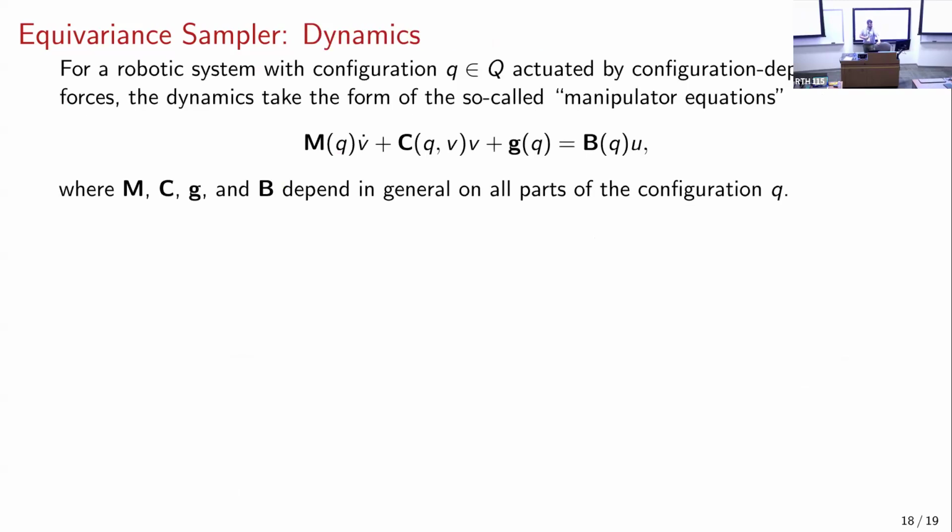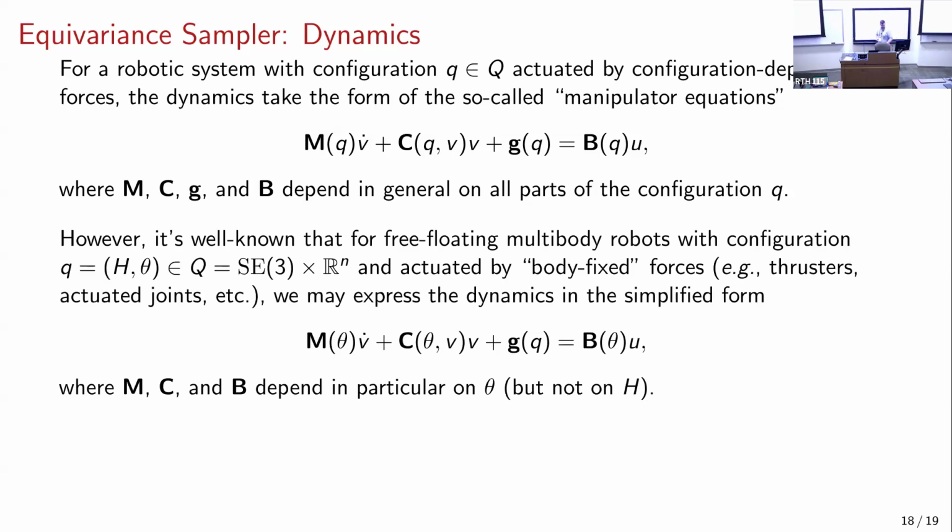The last thing I'll say is, for a general mechanical system or a robotic system, we've all seen the dynamics written in this form. We often call them manipulator equations, right? Where these matrices, the mass matrix, Coriolis matrix, and gravity and input matrix, are all defined in terms of Q. However, for lots of robotic systems, like a free-floating base system, it's possible to write the configuration as the pose of some body in the system, and then the joint angles of the system.